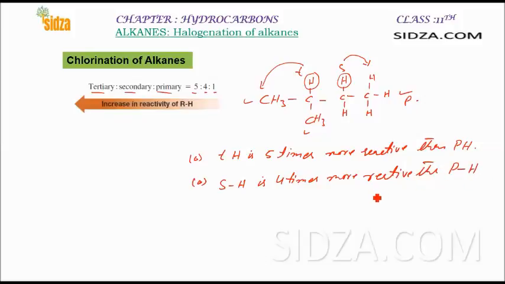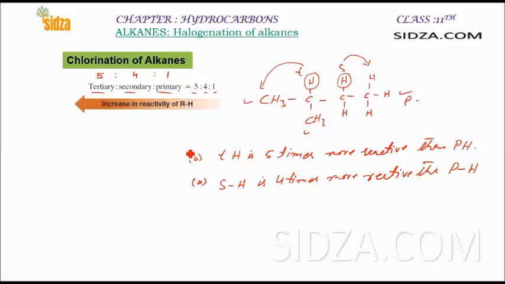Overall, chlorination of alkanes follows tertiary is 5 times the primary and secondary is 4 times the primary. So the overall order is 5:4:1. This is the order of reactivity of the tertiary, secondary and primary hydrogen atoms.